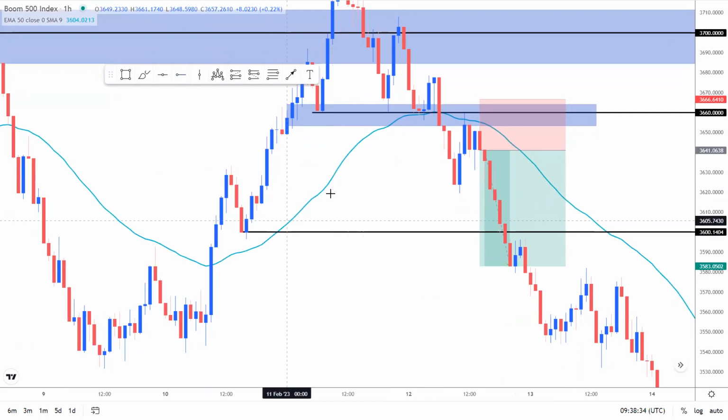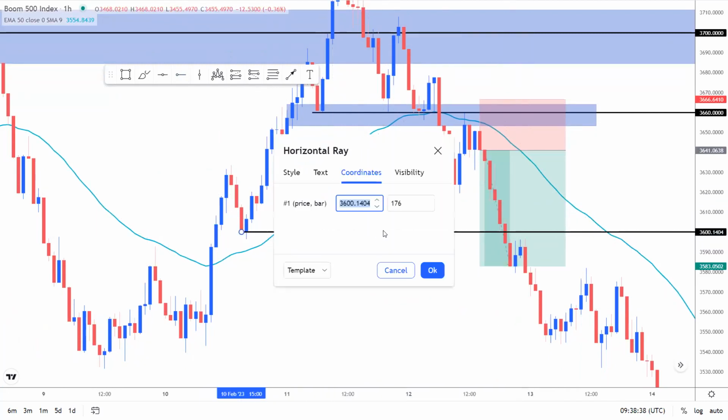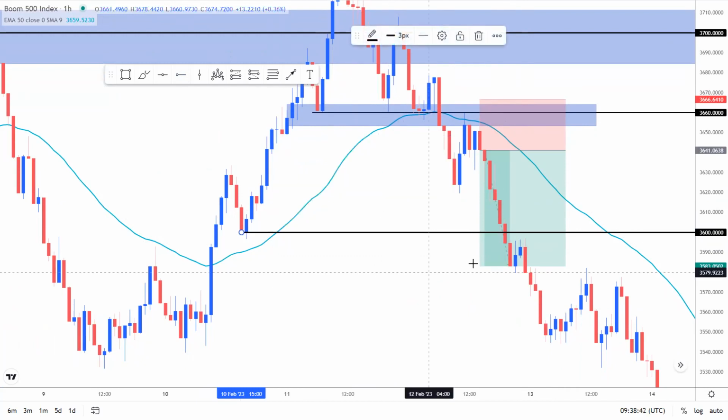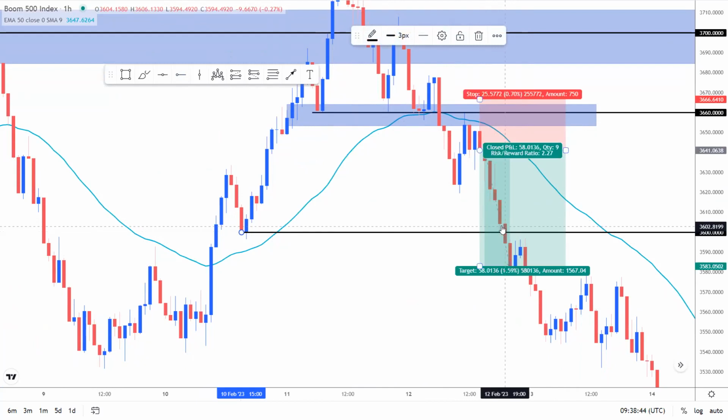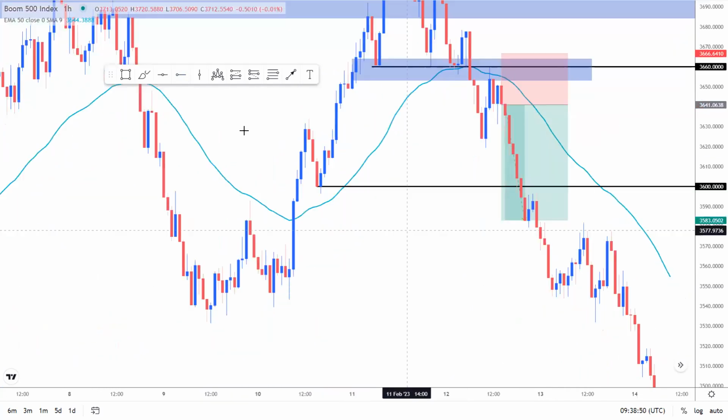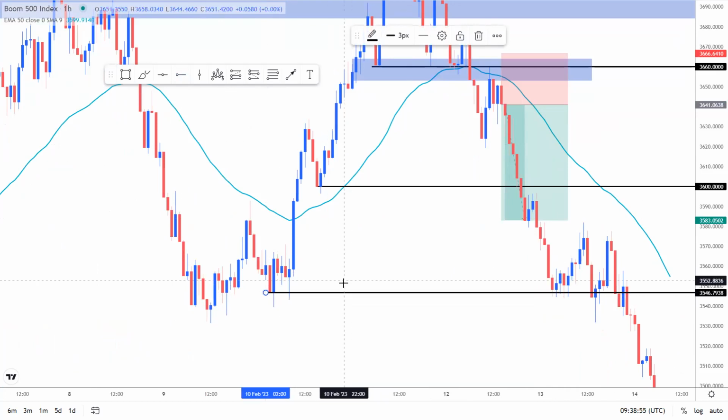Firstly, I was looking at price coming into this level, somewhere around the 3,600 price level. And then I was waiting to see how price reacts when reaching the level, but clearly we had ourselves a break of the level, and that confirmed that price was going to further tank.